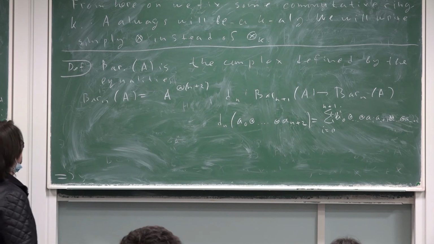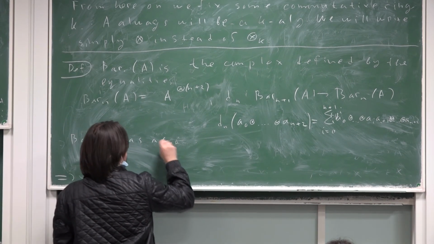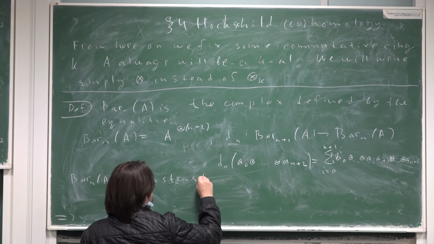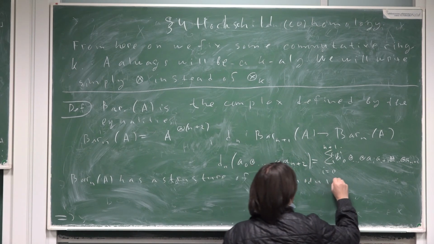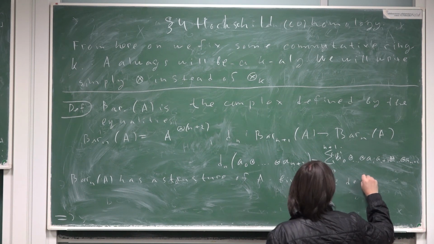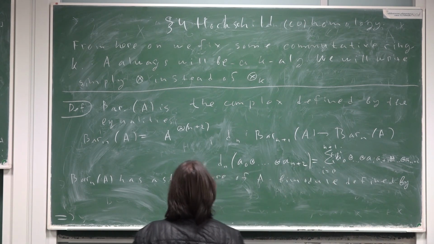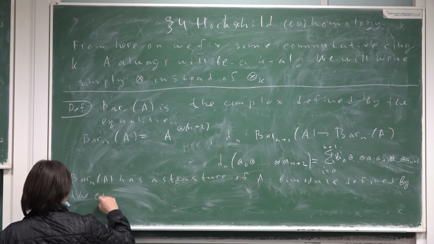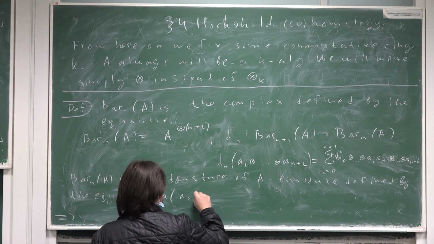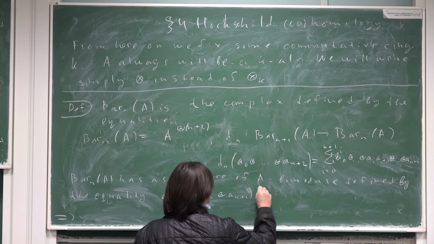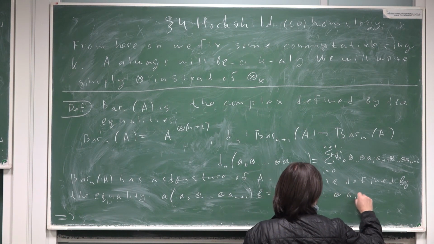So what? Note that bar n of A has the structure of an A-bimodule defined by the equality a (a0 tensor through a n plus 1) b is equal to a a0 tensor through a n plus 1 b.